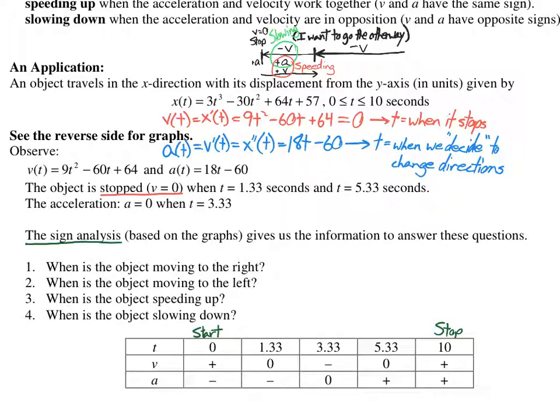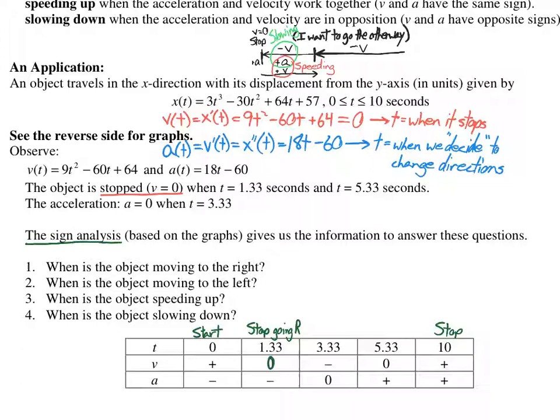Also, when we're doing a sign analysis, we're going to use when the object stops moving from left to right. So here v equals 0. That's when we stopped going to the right.